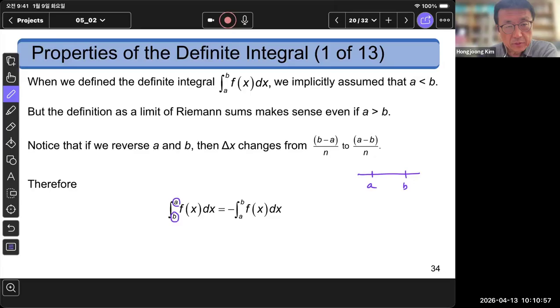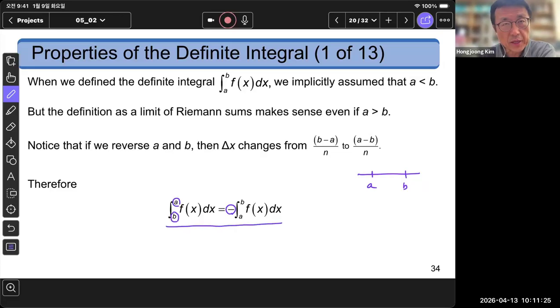So given the integration from a to b or b to a, sometimes we need to switch these two limits, and mathematically, if you switch these two, you get one negation. So the integration of f from b to a will be the integration of f from a to b with a negative sign.